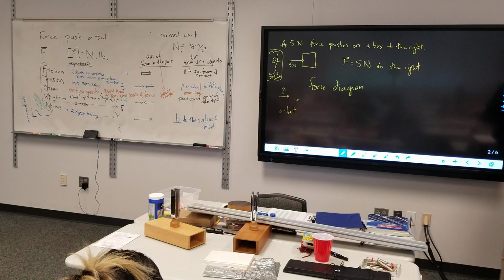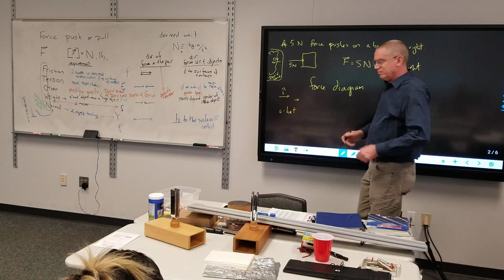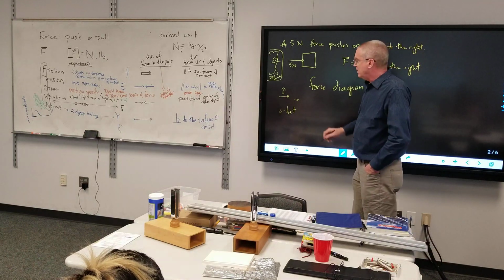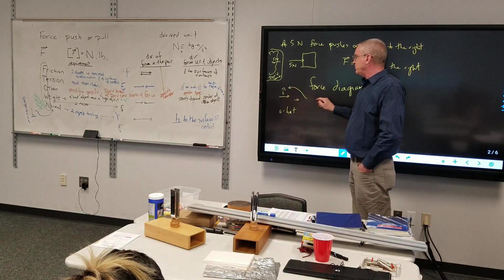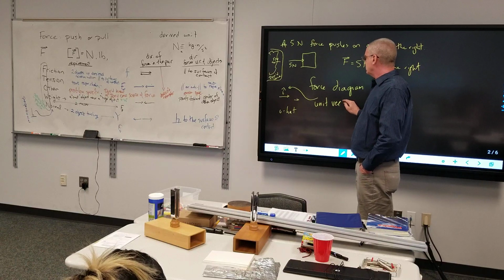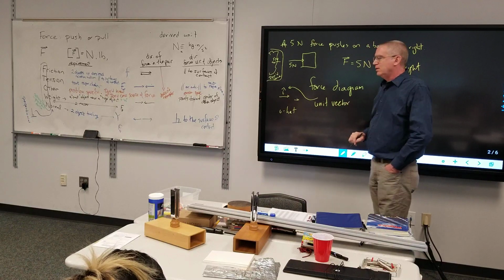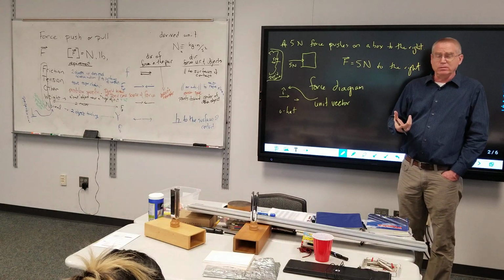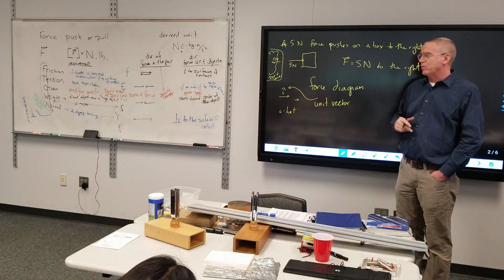If you ever see the hat on top of it in physics, this tells me that we are dealing with a unit vector. It's a vector, so it has to have a magnitude and direction.